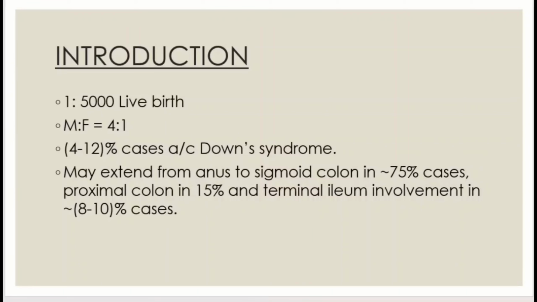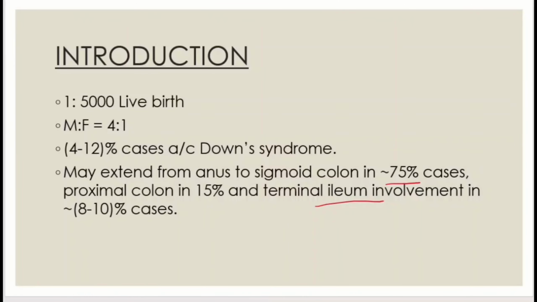As we have already discussed in the previous picture, Hirschsprung disease may extend from anus to sigmoid colon in 75% of cases, proximal colon in 15% of cases, and terminal ileum is involved in 8 to 10% of patients.